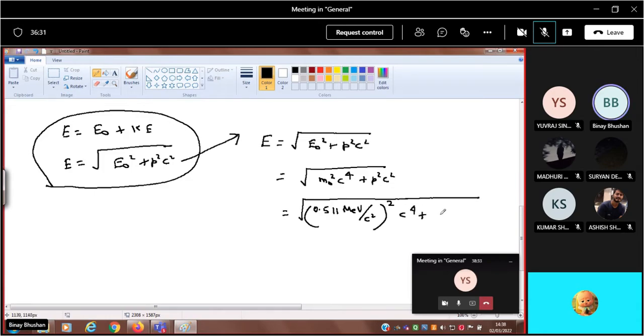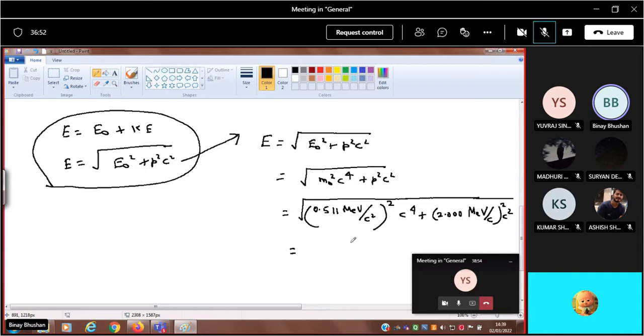The momentum of the electron is given as 2.000, up to 3 decimal places, so we will have to quote the answer also in terms of this. So P is equal to 2.000 mega electron volt by c, squared, and then c square.